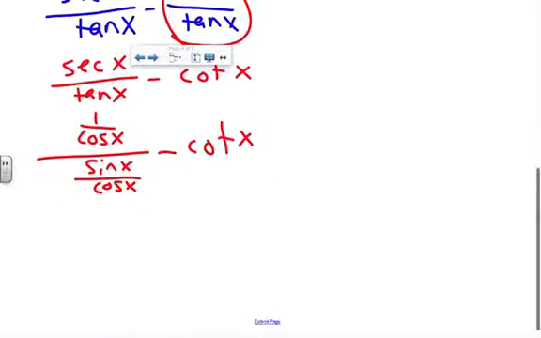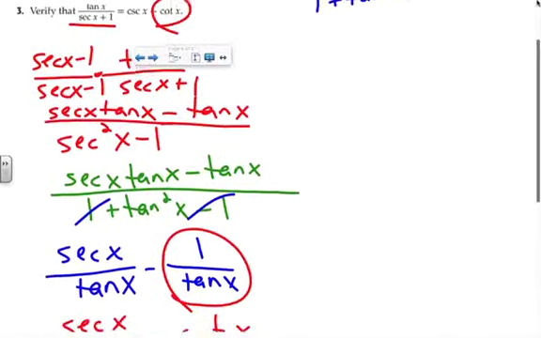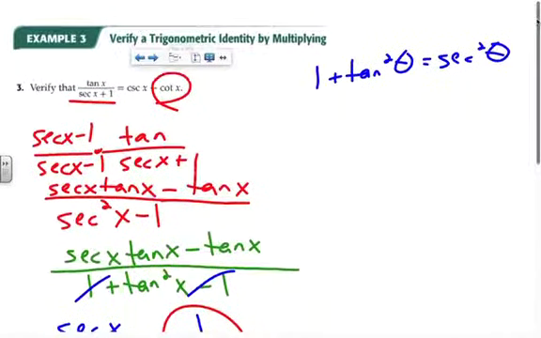Well, when I simplify that fraction, notice that both of the fractions in this complex fraction have cosine as the denominator. That means those cancel each other out. And I've got 1 over sine of x now minus cotangent x, and I believe I'm home free because look at what, oh my goodness, I've been writing for a while. Look at what I was trying to show.